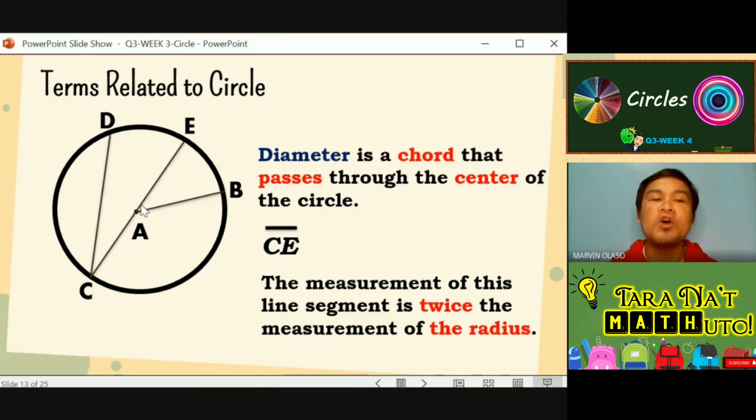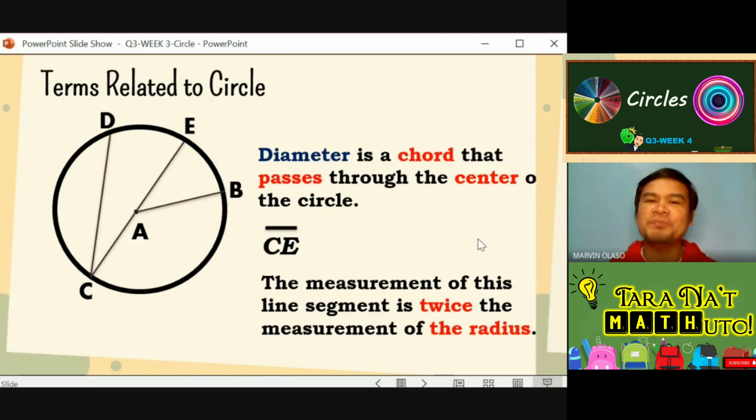Okay, we have ito from A to E. Point A to E is one radius and another from point A to point C, another radius. So, ibig sabihin, sa isang diameter ay binubuo ng dalawang radii. Alright, yan ang ating diameter. Isa siyang uri ng chord na dumaan sa center.